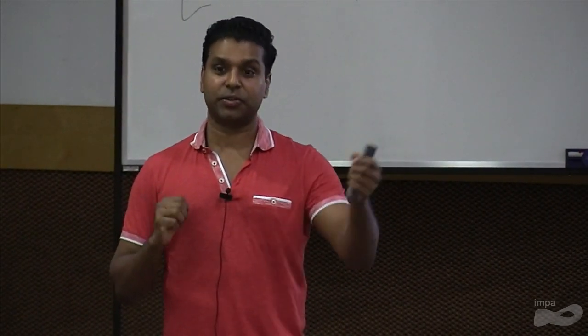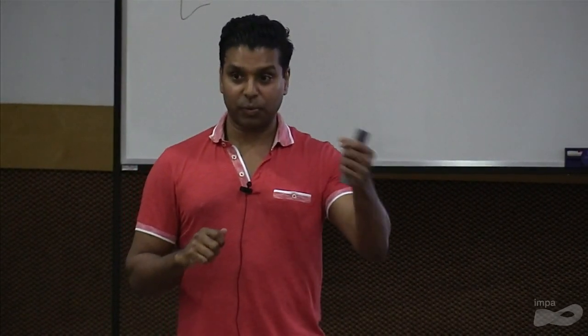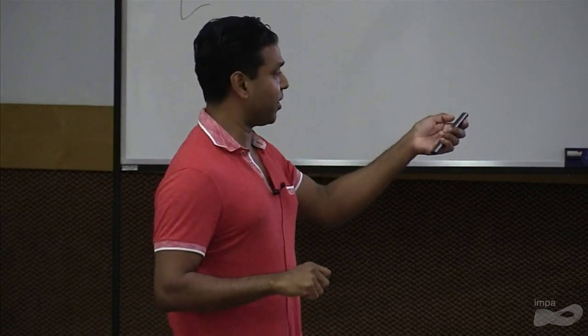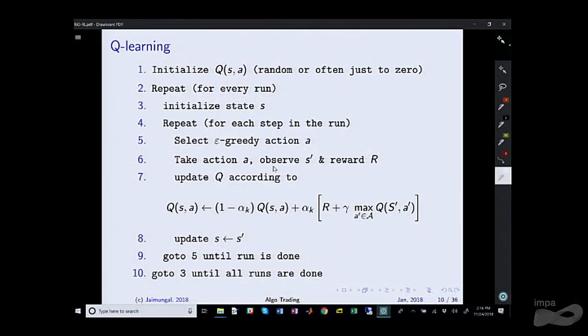Observe where you get to. Observe the reward. So that's S prime and R. Okay, so S prime is where you get to, R is the reward you got. Now update Q according to the formula below. So the right-hand side uses the Q that you currently have. That then gets plugged into the left-hand side. So what is it?